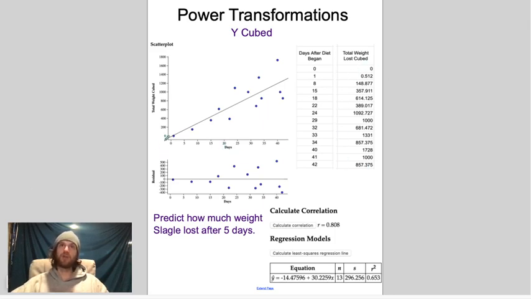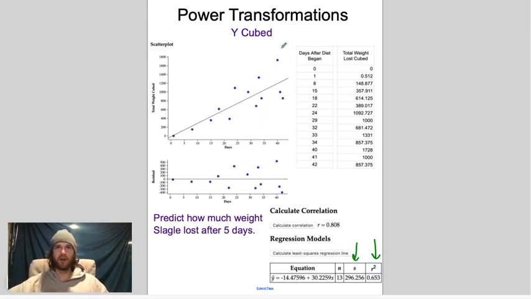Now that also looks like it's much more of a linear trend. It looks like we have a random scattering of points. You'll notice my r squared is really, really bad. Well, that we don't really need to worry about, and we can't really compare this either. This could be a perfectly acceptable model. The issue is this is no longer y, this is y cubed.